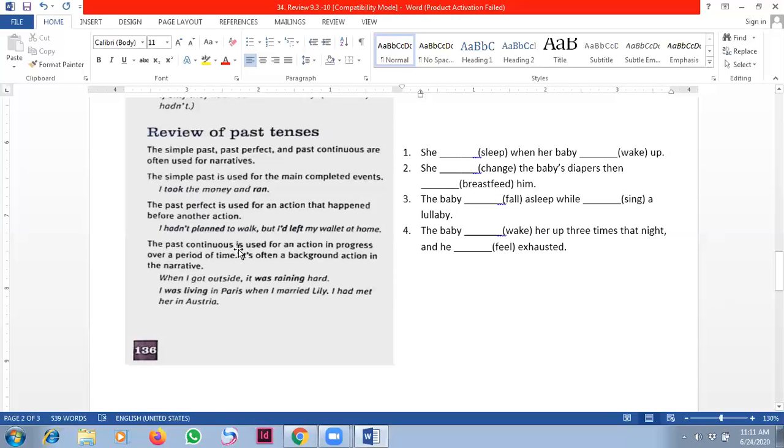The past continuous is used for an action in progress over a period of time. It's often a background action in the narrative. When I got outside, it was raining hard. Or it was raining hard when I got outside.